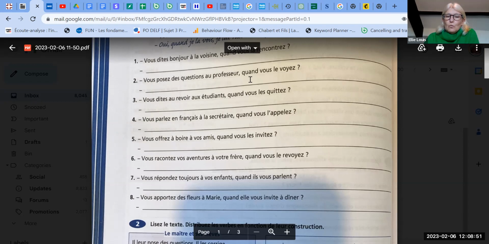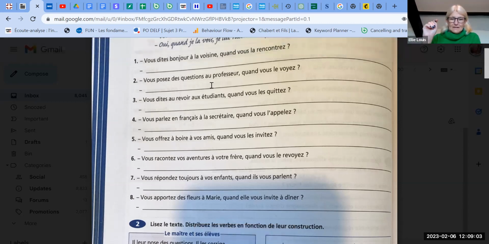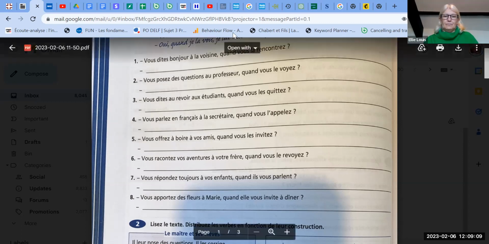So hopefully you're going to start to see the pattern and start to feel confident about it. So, oui, quand je le vois, yes, when I see him, oui, quand je le vois. Because this is posé au, because the au is the same as à, it's just the à, le, isn't it, together. So, oui, je lui pose des questions. Let's write that in the chat.